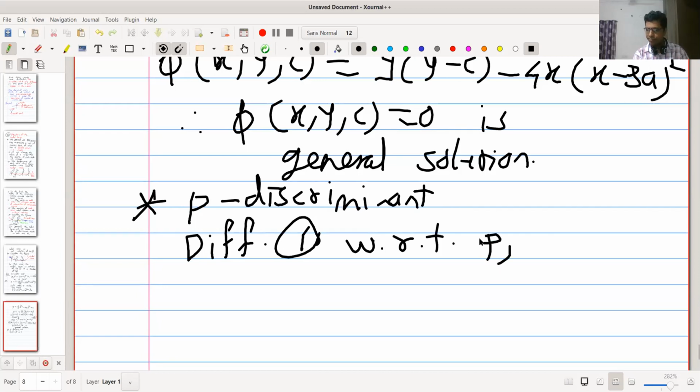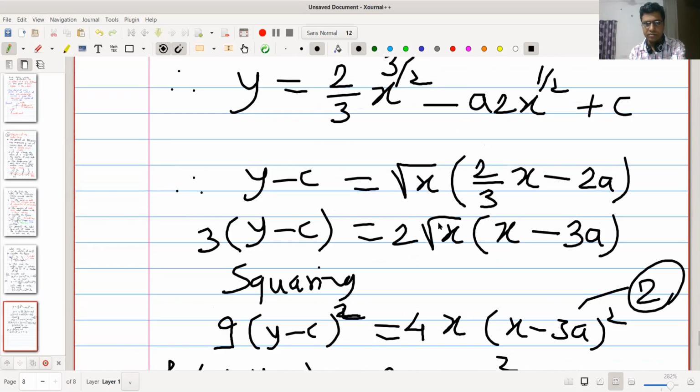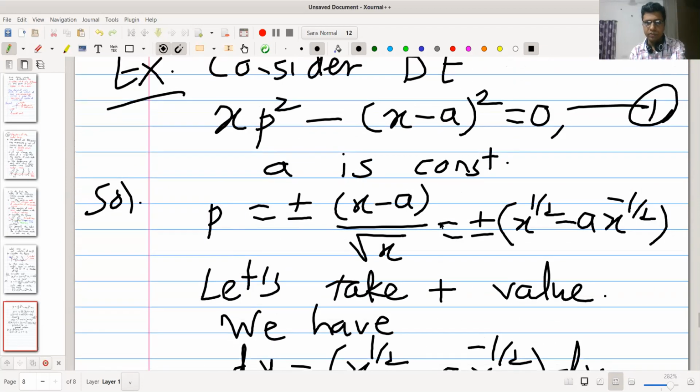The given differential equation is x p square minus x minus a square equal to 0. Now differentiating this with respect to p, the first term is x p square, differentiation will be 2 times x p. The second term does not contain p, so this equation will be 2 times x p equal to 0. That means p equal to 0.